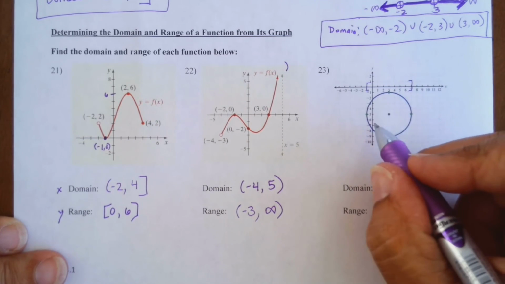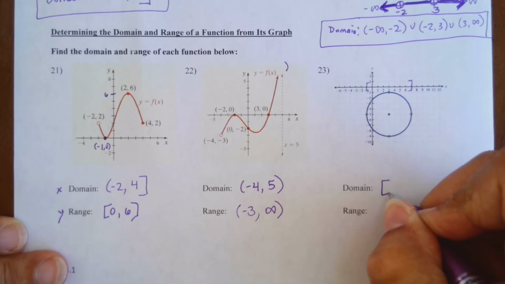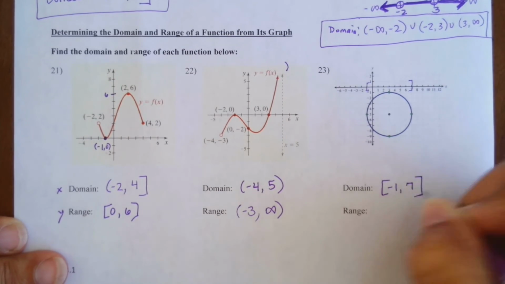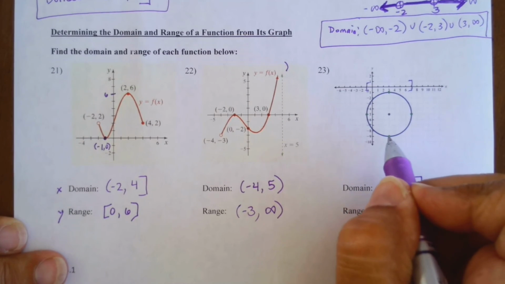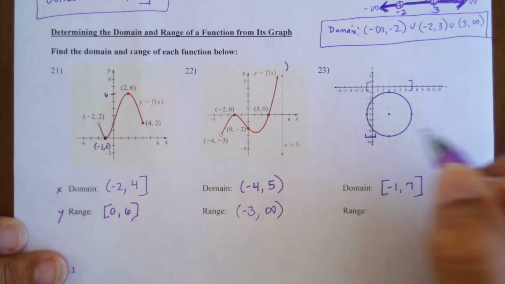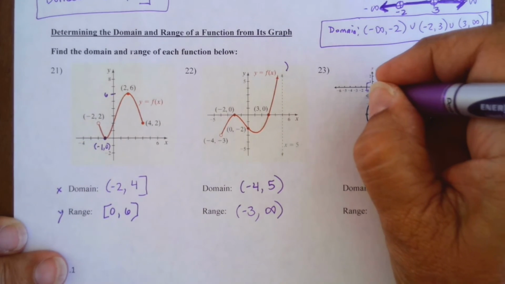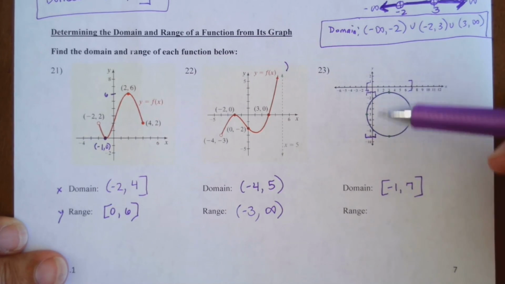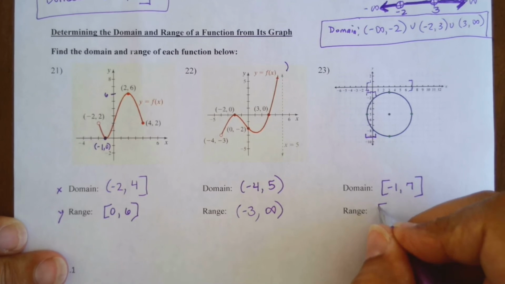And those are points, so that's going to be a bracket. So we're going to go from -1 to 7 for the domain. And then you're going to do the same thing for the y values. What's the smallest y value? Looks like -9. And then the largest y value looks like -1. So the only y's you're using are between -9 and -1.